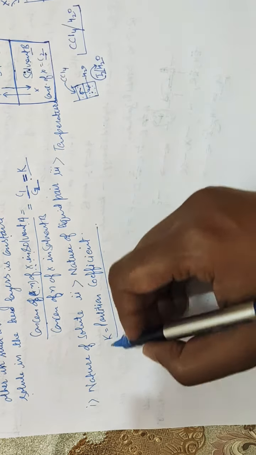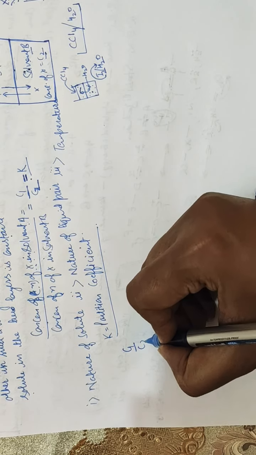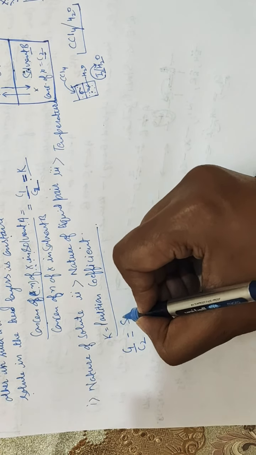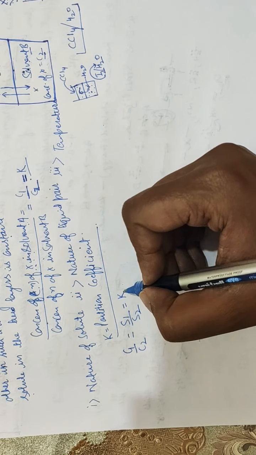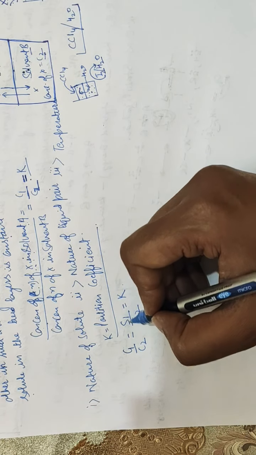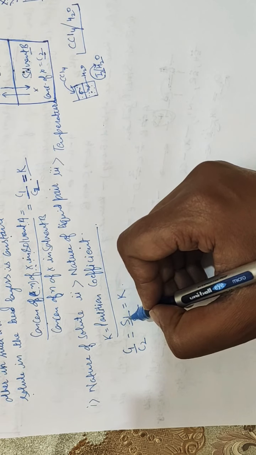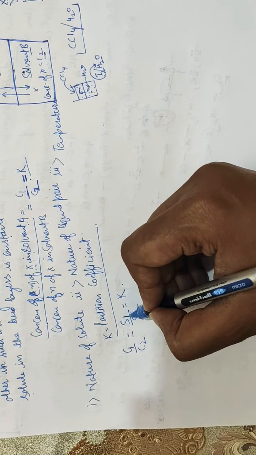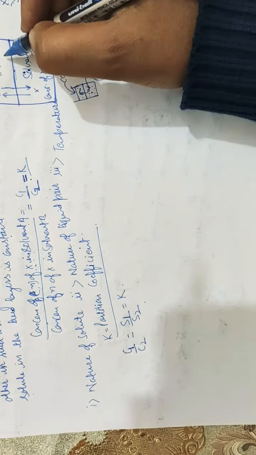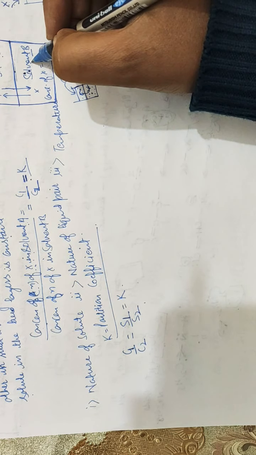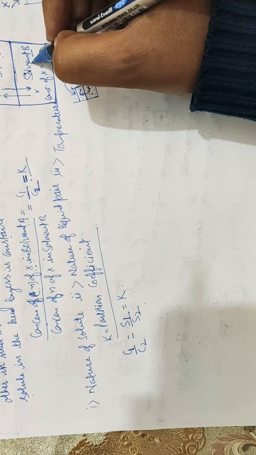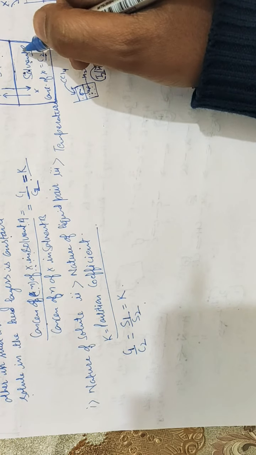So we can write C1/C2 is equal to solubility S1/S2 is equal to K, where K is the equilibrium constant, and C1 is equal to S1, the solubility of the solute in solvent 1. 1 represents one solvent and 2 represents the other solvent, and 1 and 2 together represent the immiscible solvent pair.